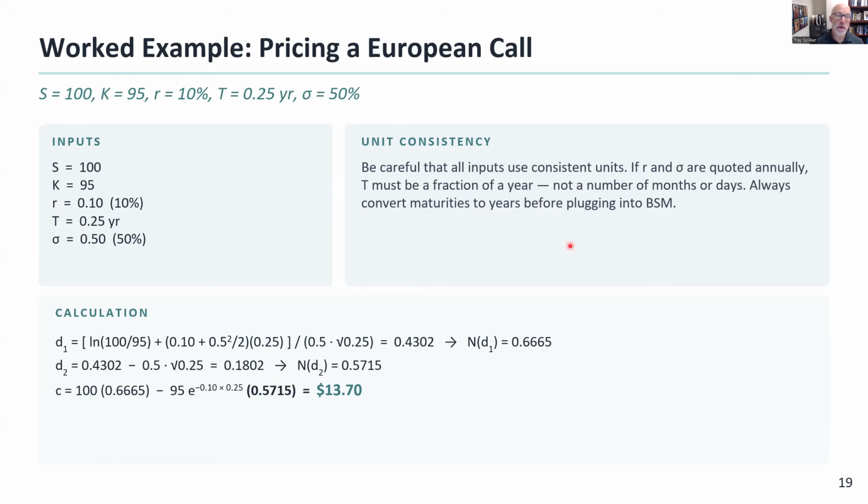Okay, so then we're going to start plugging and chugging. D1 here is literally just substituting everything in: share price, strike price, r, sigma squared divided by 2, and our time step is 0.25. And this is all divided by sigma times the square root of T. And so we get a value for D1 equal to 0.4302.